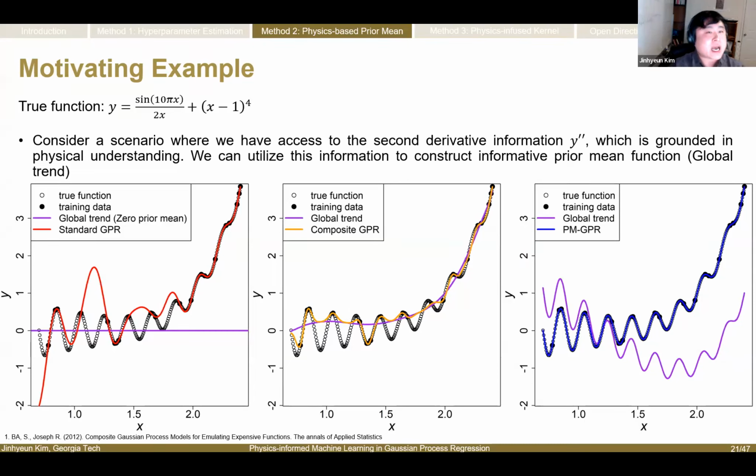We consider the scenario where we have additional physics-based knowledge in the form of an ODE or PDE, or in this case, second derivative information. We want to know whether we can utilize this information to construct an informative prior mean function so that our final model can discover the true function, as seen in the right plot.